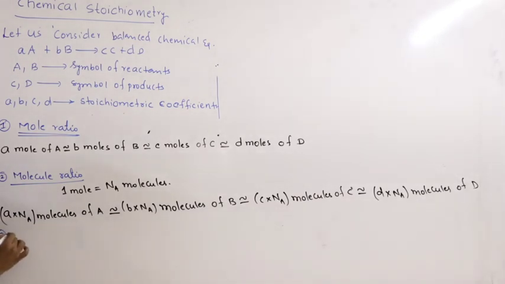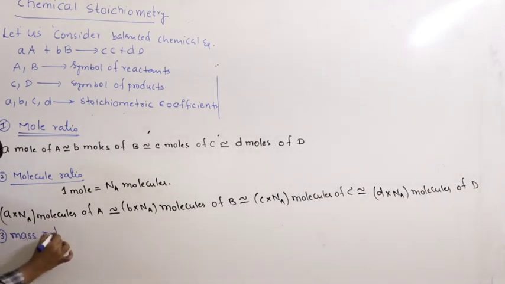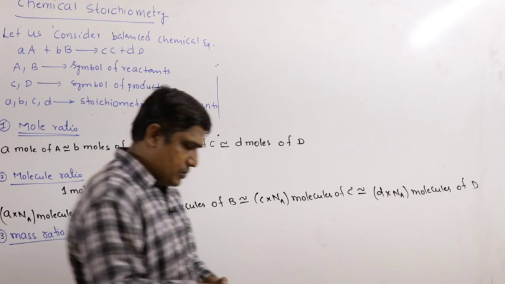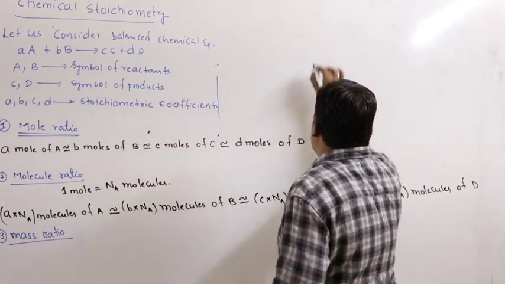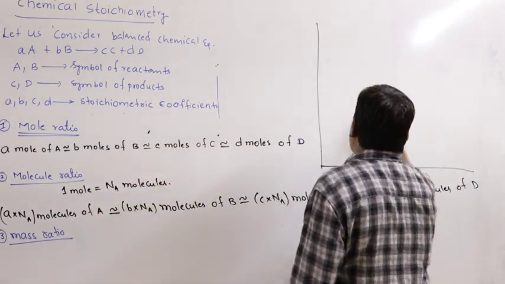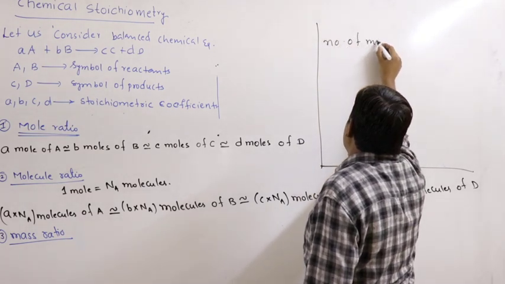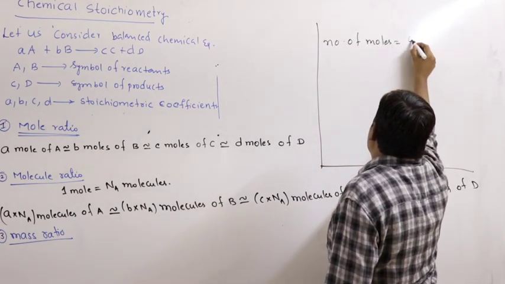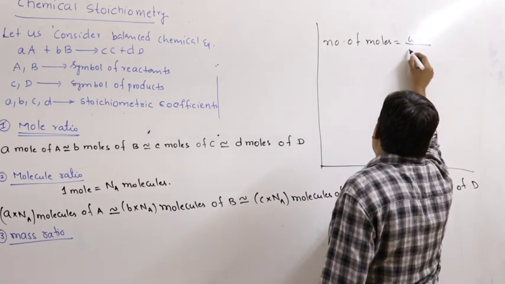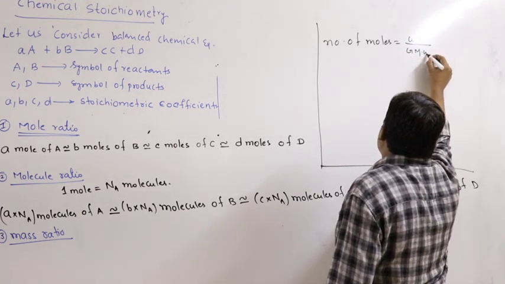Next, mass ratio. So what is this mass ratio? How do you find number of moles? Number of moles is equal to weight by gram molecular weight of the substance.